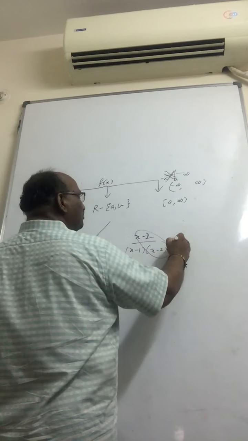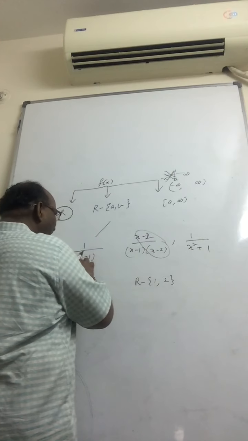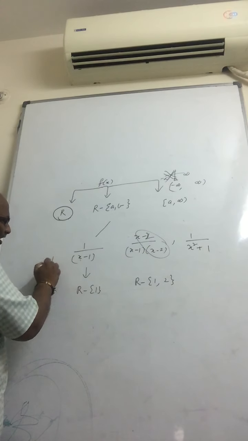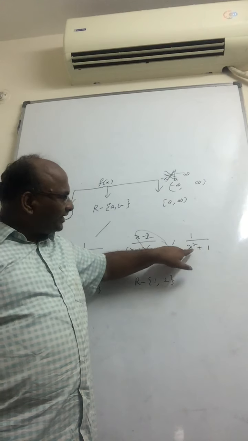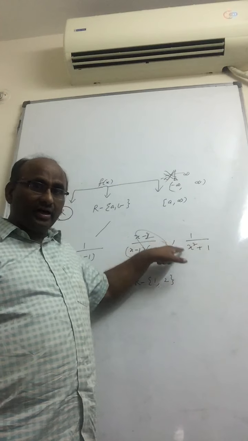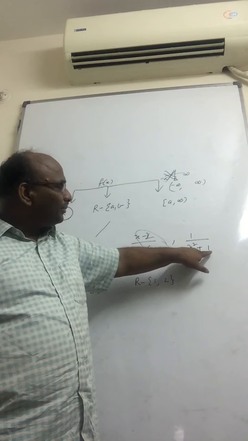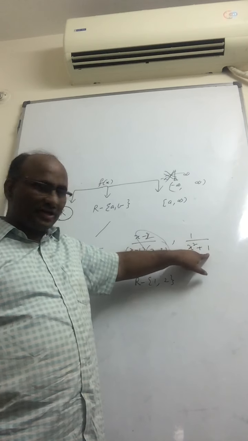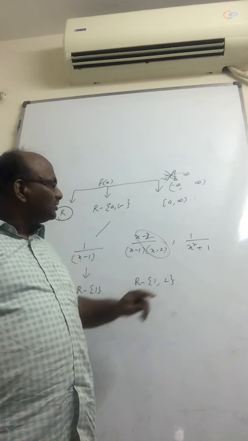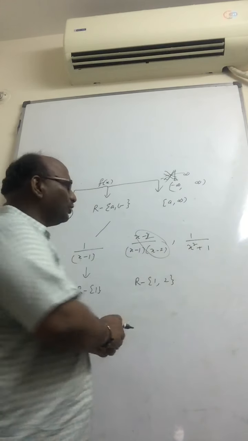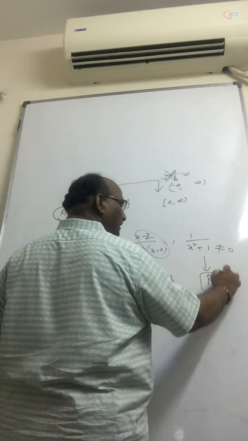There are some rational functions, like 1 by x square plus 1. Here, in x minus 1, for x equal to 1 the denominator becomes 0. Whereas here, whatever x you take, the denominator is never 0. Why never 0? If x is negative, x square is positive, plus 1, never 0. If x is positive, plus 1, never 0. So whatever x you take, the denominator is not 0, and the domain is real numbers.